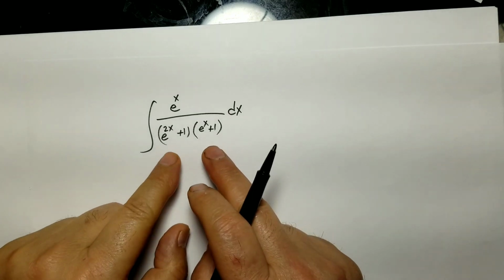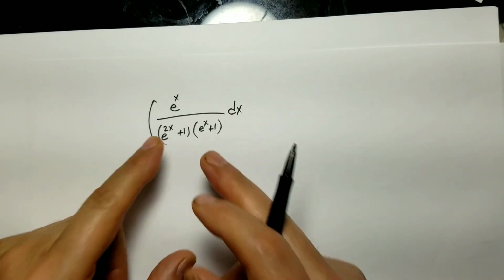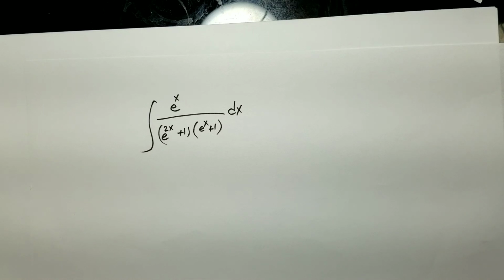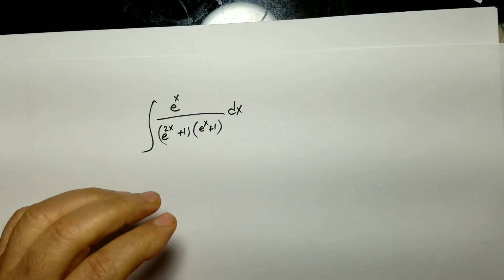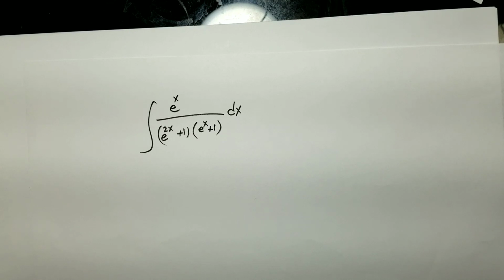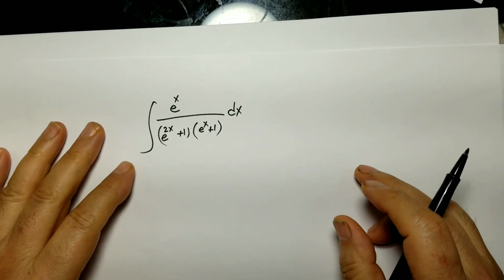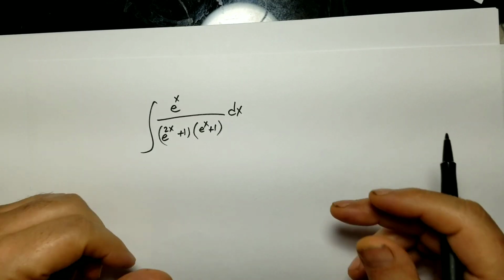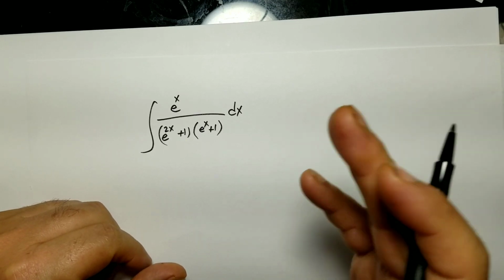Yes, these are the factors. But these are in terms of an exponential function. If I can change this one to an algebraic function, it's easy for me to solve, and I can do partial fraction decomposition if it's in terms of algebra.